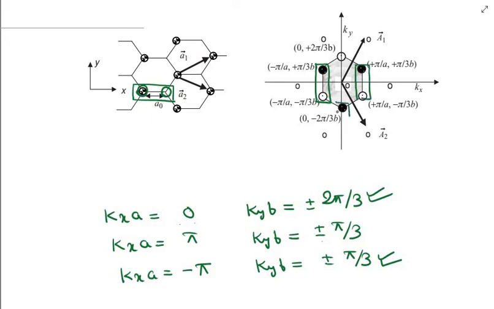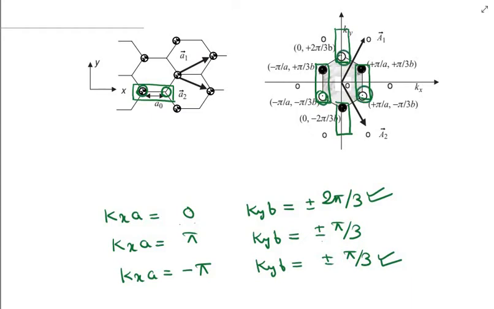Similarly we have something like this here and something like this unit cell here, and all these K points shown in black are equivalent to each other, and all these K points shown in white, that is this point and this point, are equivalent to each other.